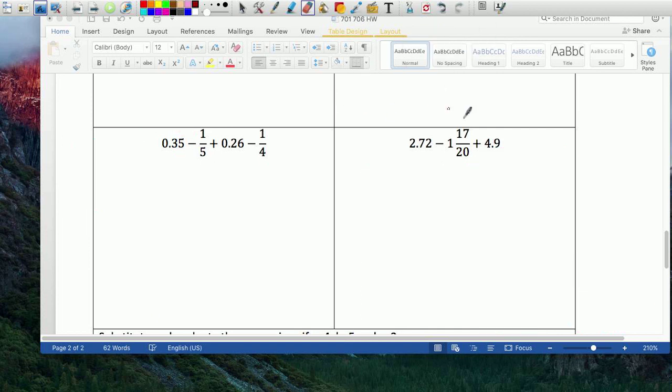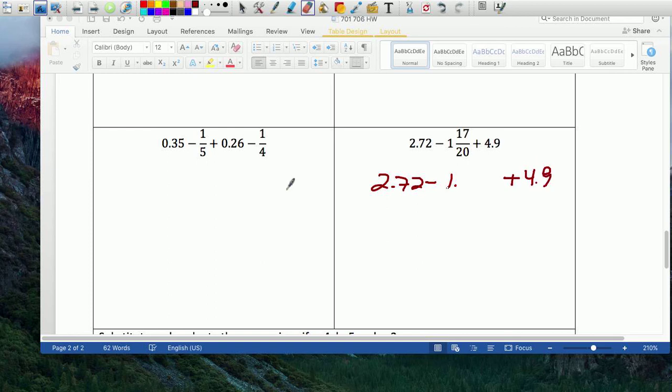Okay, so if you're going to change this, because here you have to change two numbers to fractions, whereas if it's decimal, you're only changing the one number here to a decimal. So if you want to change that to a decimal, 17 over 20, so that stays, it's 1 point something, right?